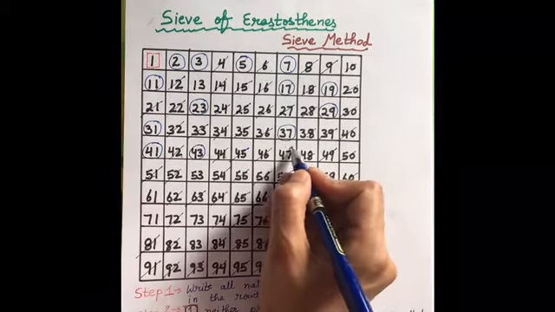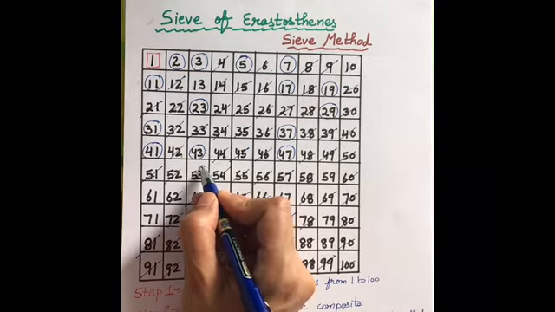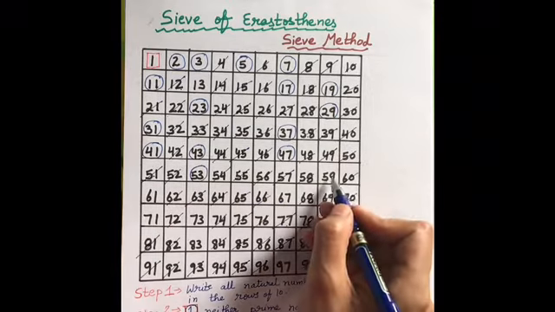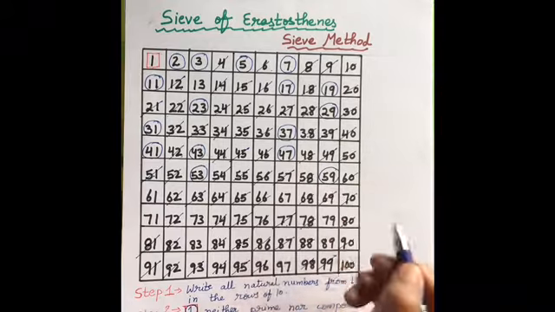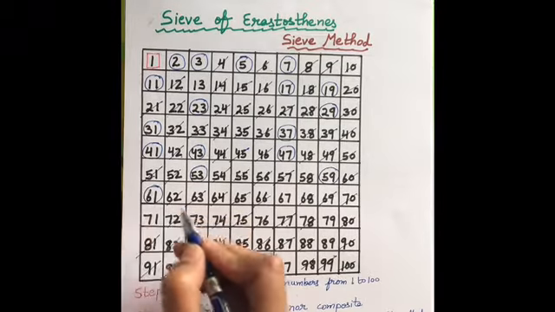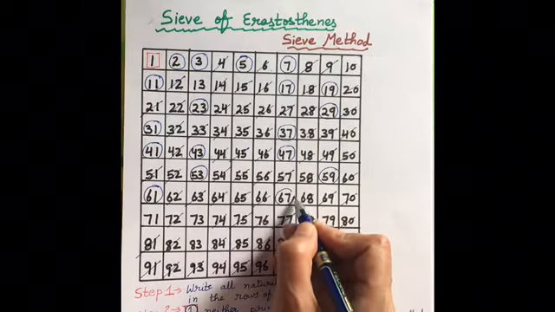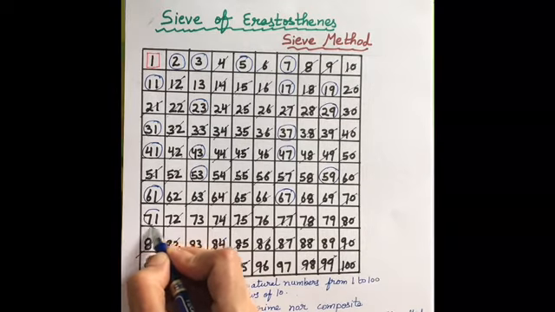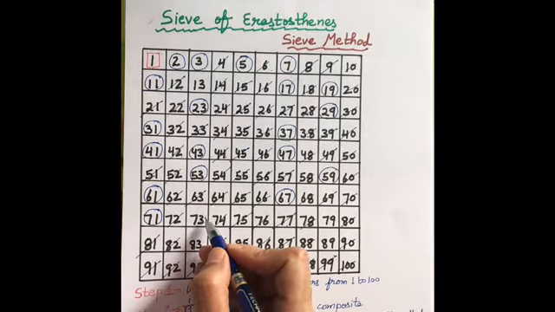Then 47 is a prime number, and 53 is a prime number. 59 is a prime number. 61 is a prime number. 67 is a prime number. 71 is a prime number, and 73 is a prime number.